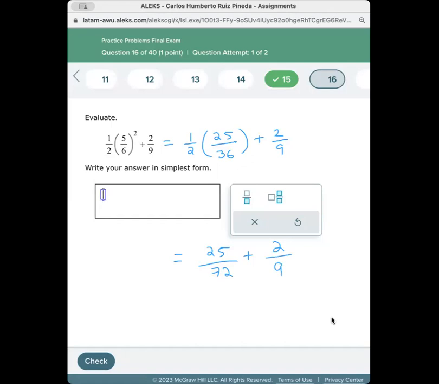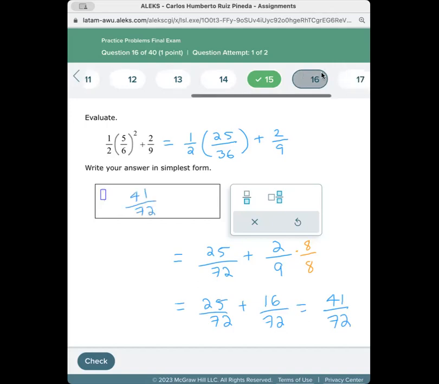Suppose you don't have a calculator, so we can rewrite this as an equivalent fraction by multiplying by 8, so that you have 72 in the denominators. Okay, let me go back to blue. So this becomes 25 over 72 plus 16 over 72. And the final answer is over 72. And 25 plus 16 is 41. And then we are done because 41 is a prime number.